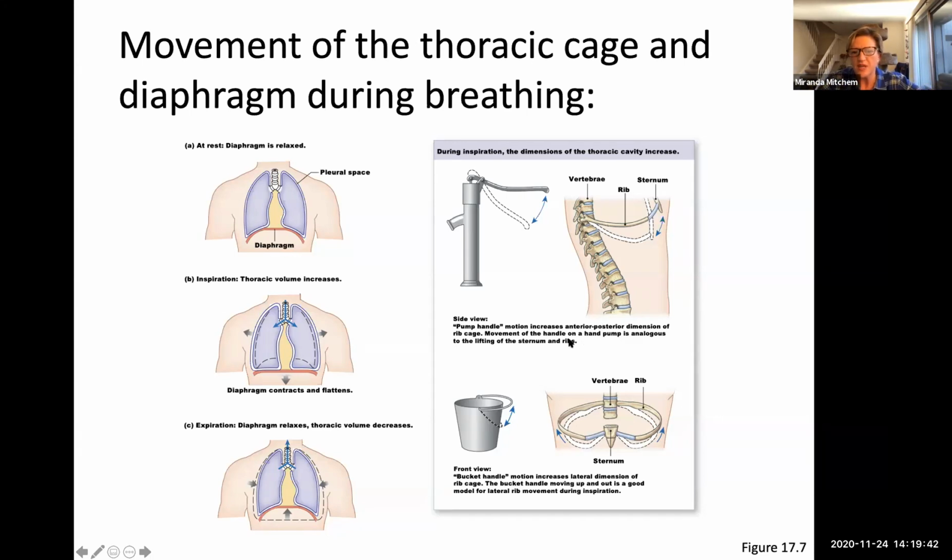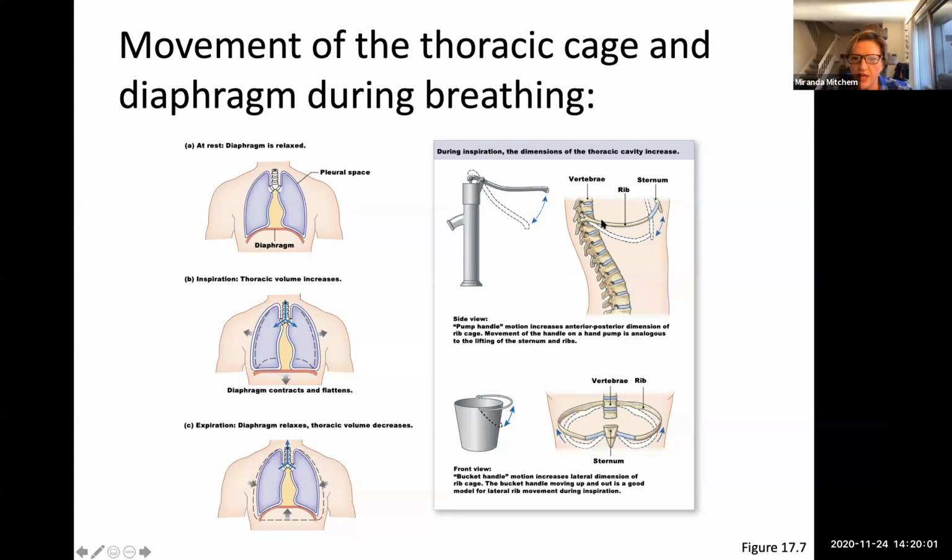So the handle is representing the movement of the sternum and the ribs, which kind of do this kind of movement as our lungs expand and then come back. They expand and come back.